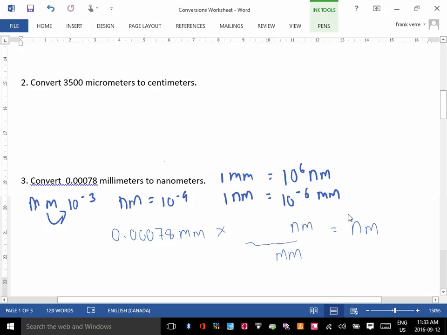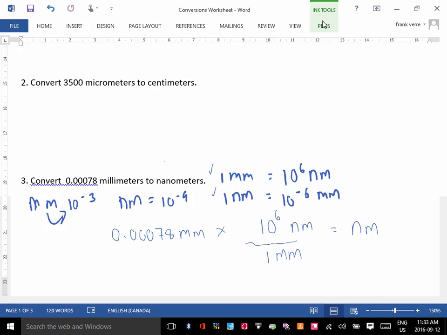You could use this one or this one. Doesn't matter. If we use this one, 10 to the 6 nanometers is the same as 1 millimeter. If I use the other one, 1 nanometer would be the same as 10 to the negative 6 millimeters. You'll get the same answer.